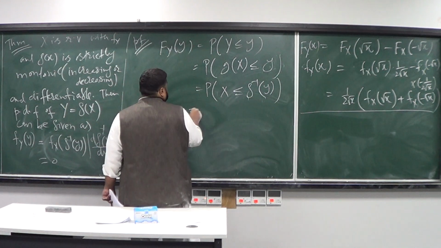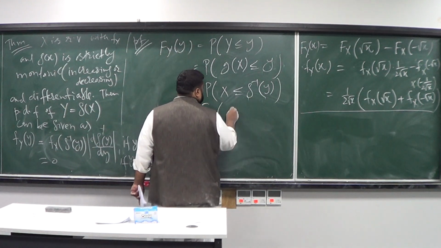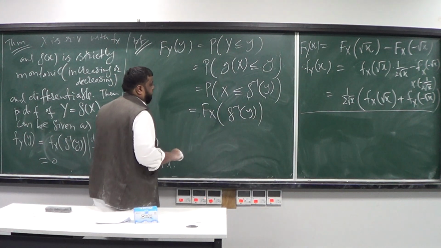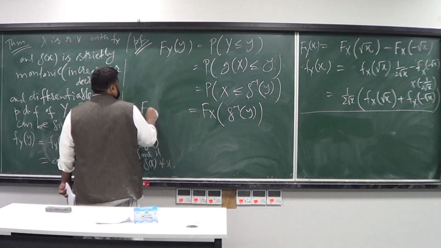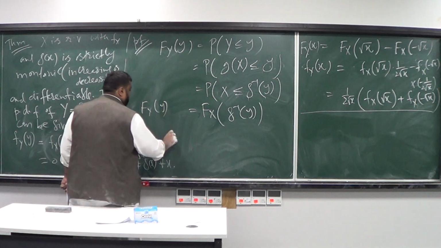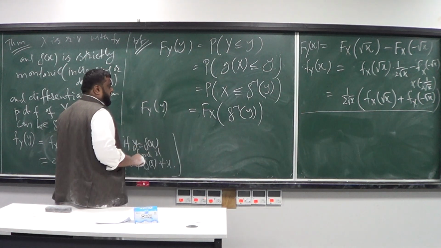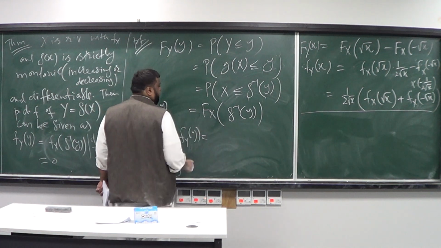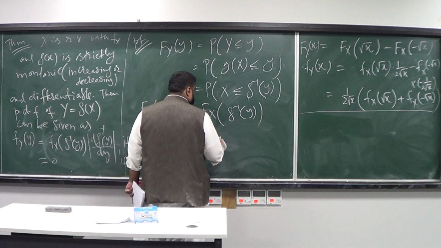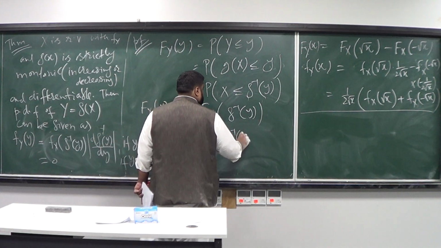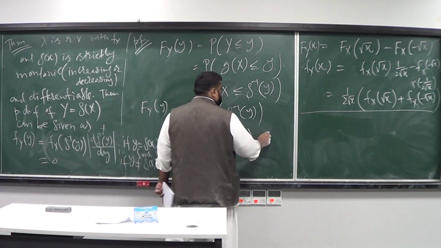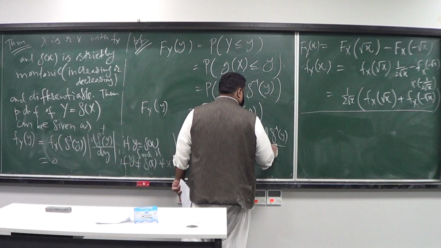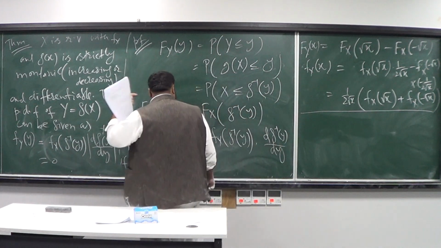This is the same as F_X at g inverse of y. If you want to find the PDF, you need to differentiate. So if you differentiate, you get f_Y(y) equal to small f_X evaluated at g inverse of y times the derivative of g inverse of y with respect to y.